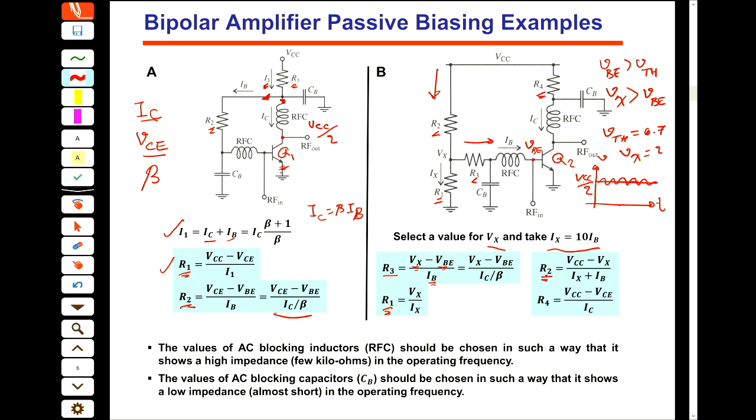R2: the current passing through here is Ix plus IB, which is 11 IB, for example, in this case. And then we know the VCC and Vx. And then this R4 comes exactly from the way that we calculated for here.